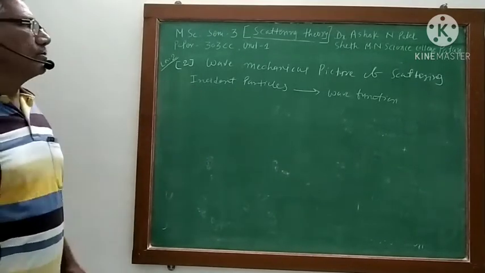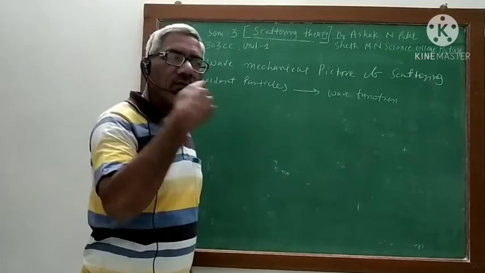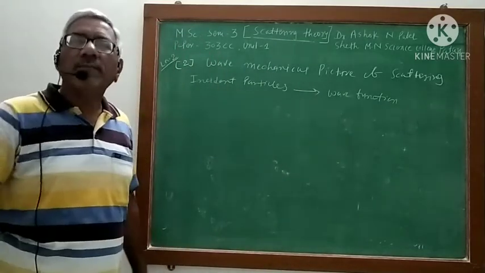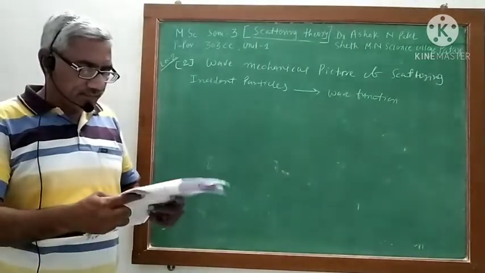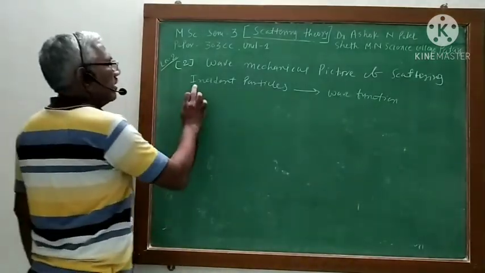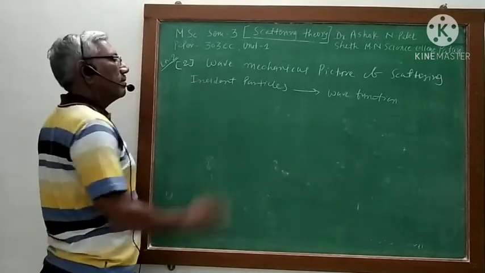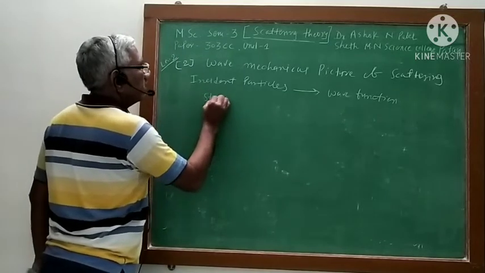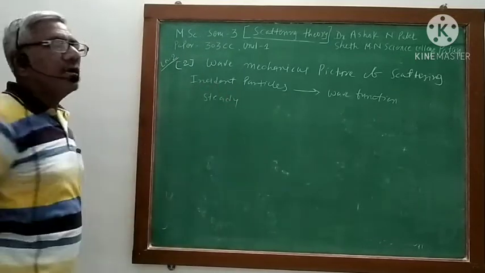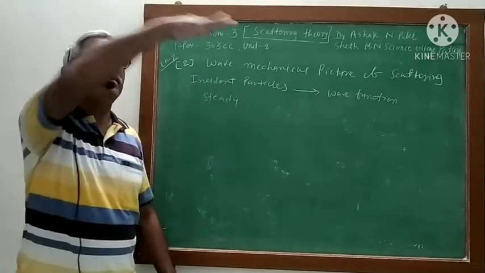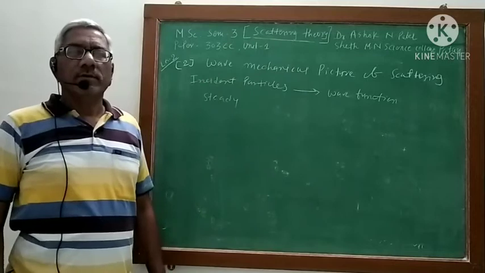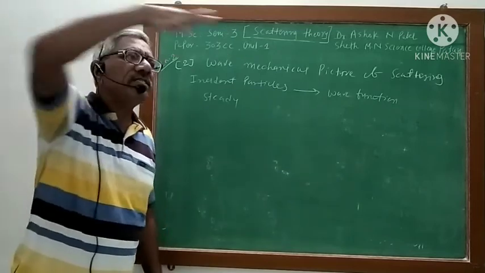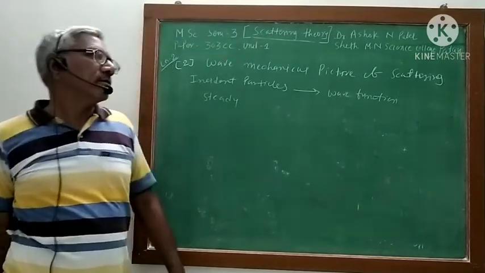Now we apply the quantum laws, and when we consider it as waves, we have to understand it in terms of waves, not as particles. Earlier we said that it is incident particles, but now it is not a particle but a wave. We can say that it is a steady incident particle beam, meaning a constant number of particles are arriving. It is not changing; throughout the time, the number of incident particles is constant.